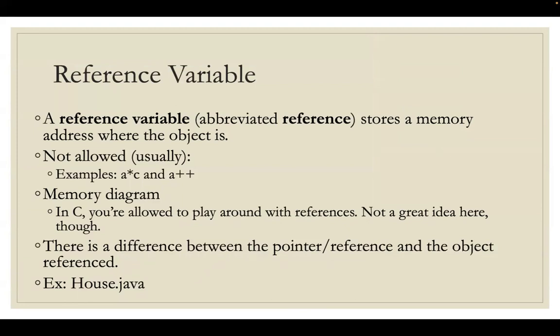Reference variables are basically any type of variable other than primitives. Java allows us to define our own types. We can make up whatever type we want, implement that, and use it in our code. And that's a reference type, a reference variable.